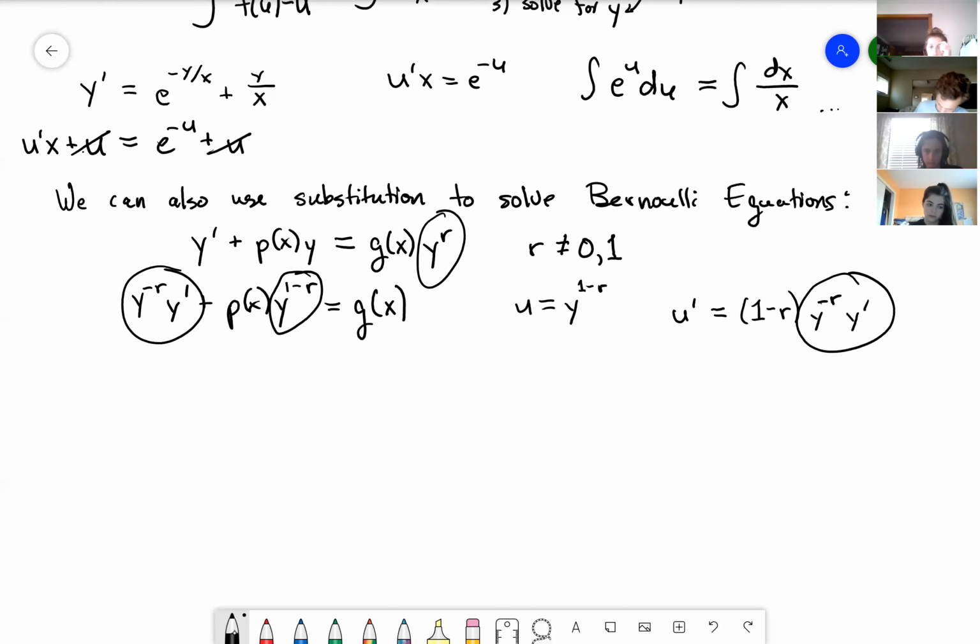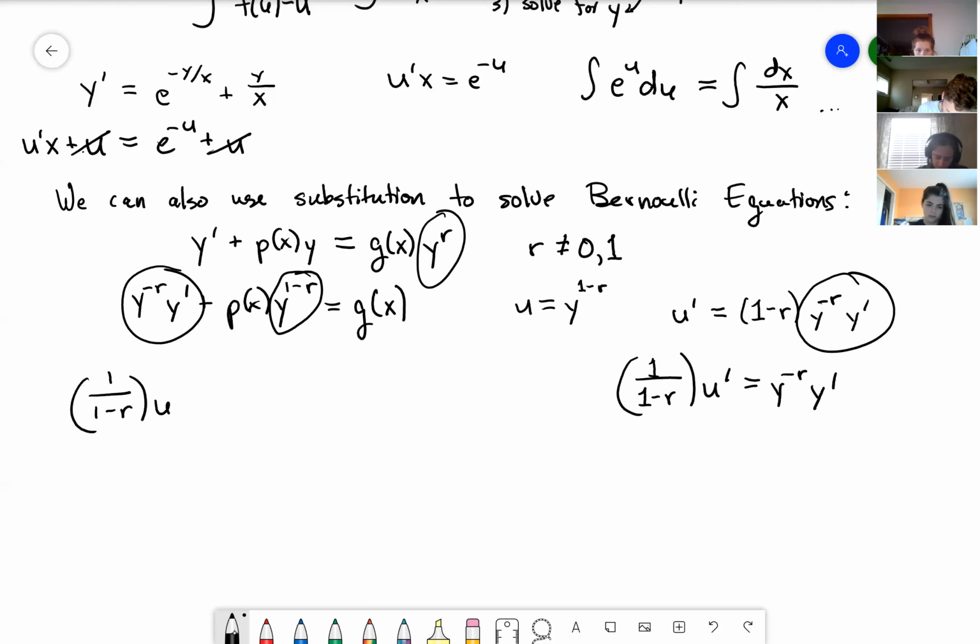So if we now make our substitution, let's rewrite this. This is 1 over 1 minus r times u prime is equal to y to the minus r y prime. So we can replace this first term with 1 over 1 minus r times u prime.